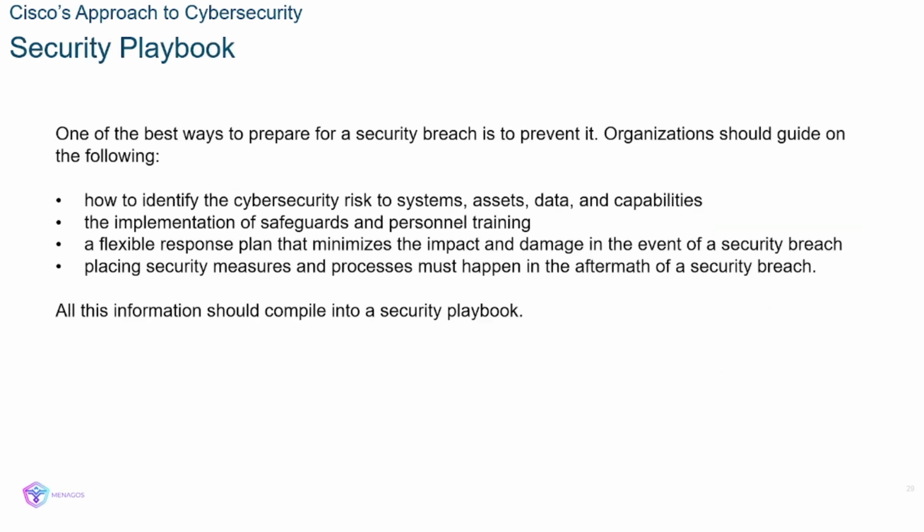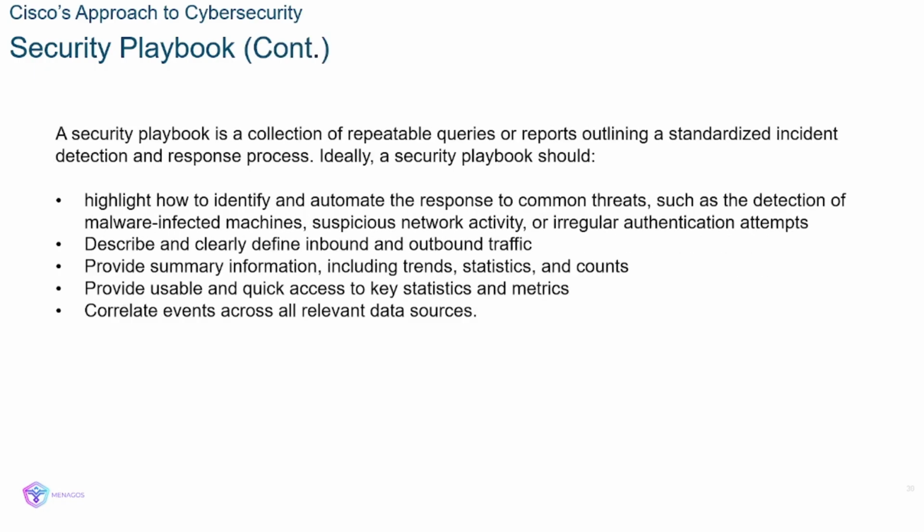A security playbook documents identify, contain, eradicate, and recover with current roles, contacts, and decision trees practiced in tabletops. We automate routine detections and responses, define normal traffic patterns, and track time to detect and time to contain.